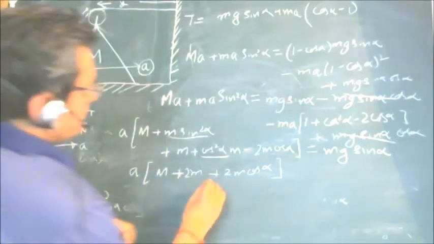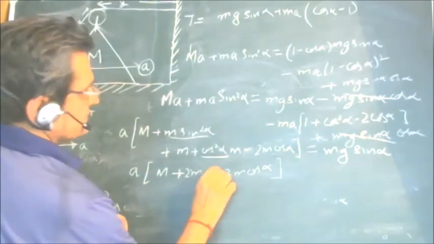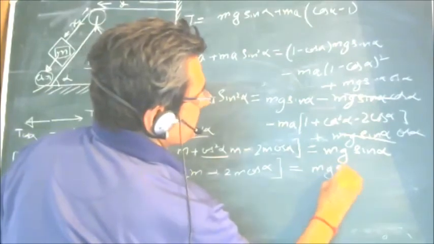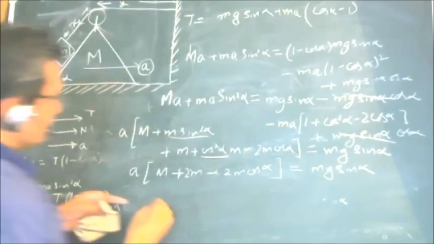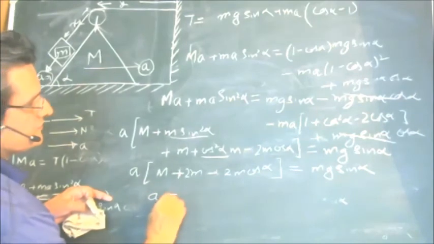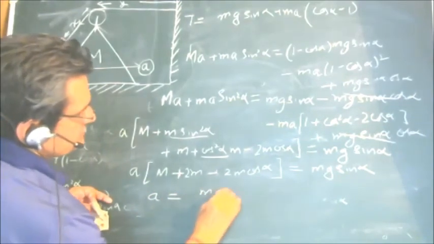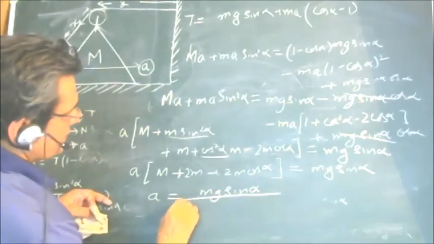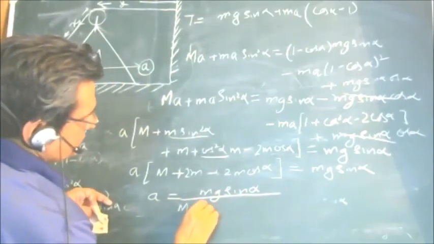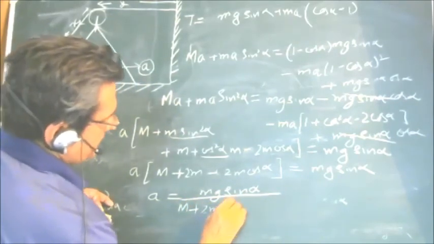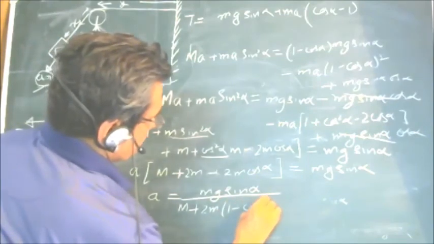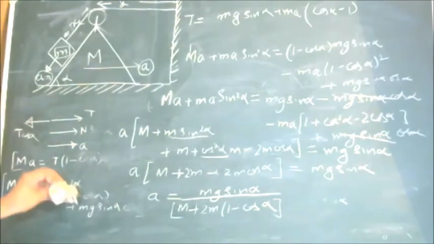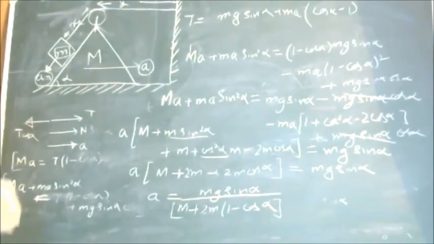We brought it on this side, so it will be minus twice m cos alpha is equal to mg sine alpha. So we get the value of a is equal to mg sine alpha divided by M plus twice m times 1 minus cos alpha. This is the answer, the acceleration of the wedge.